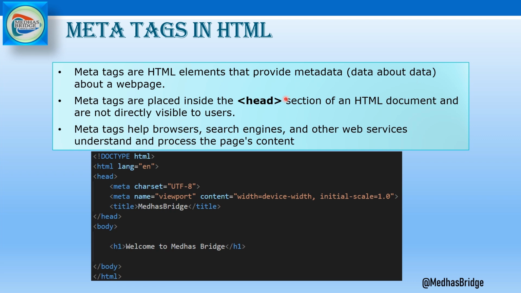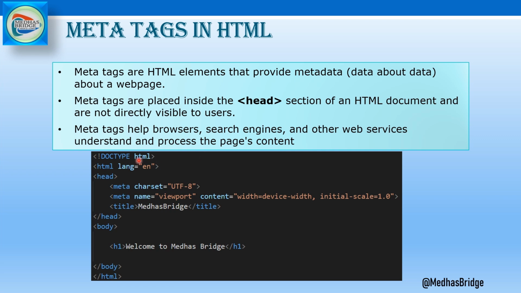To make it clearer, metadata tags are placed inside the head section of the HTML document. These are not directly visible to the user. Meta tags help browsers, search engines, and other web services understand and process the page content.